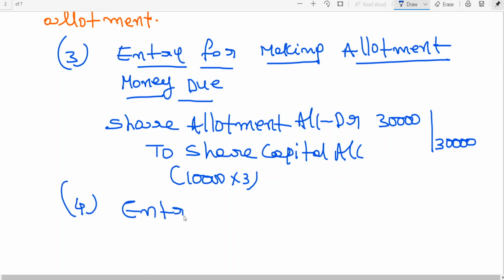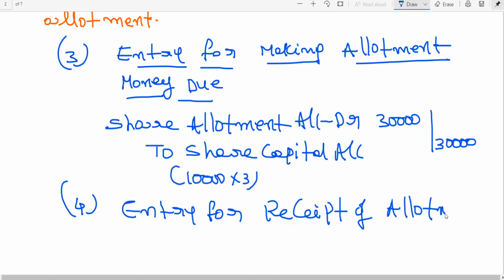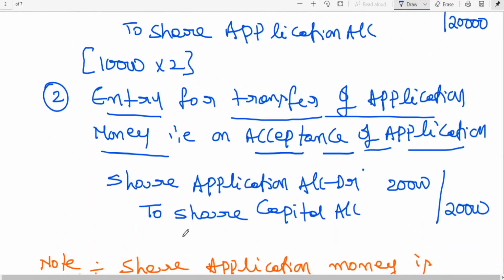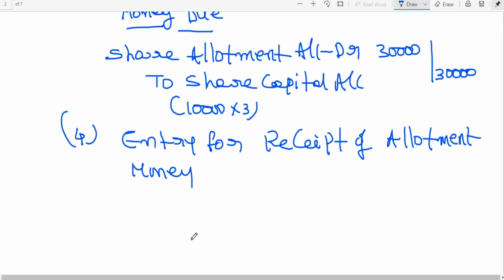Then the entry for after making allotment and sending allotment letters. Since the problem says all money has been received, I am writing the entry for receipt of allotment money.